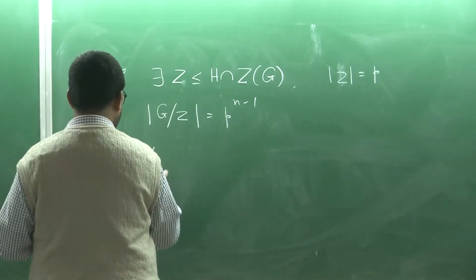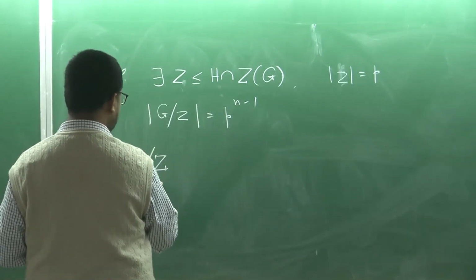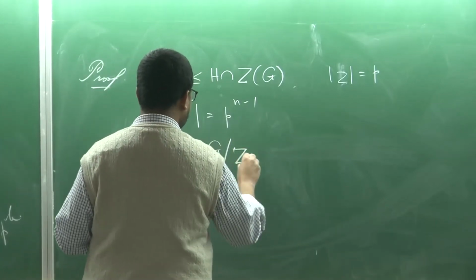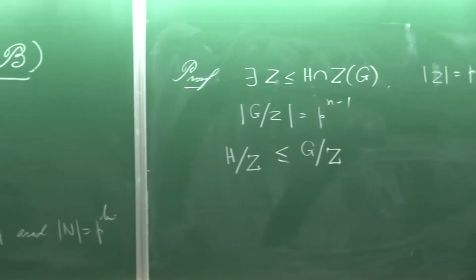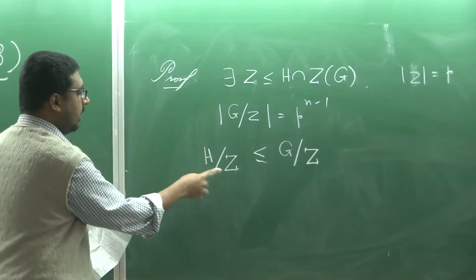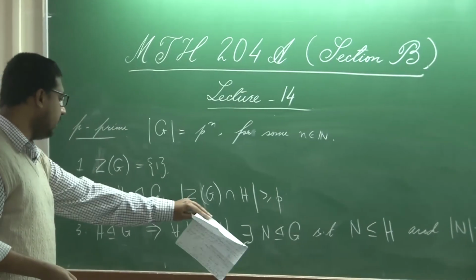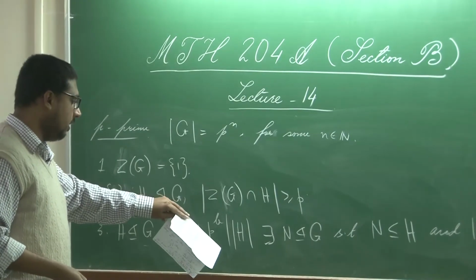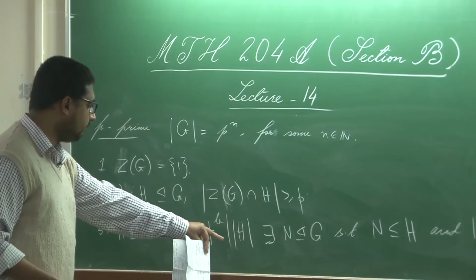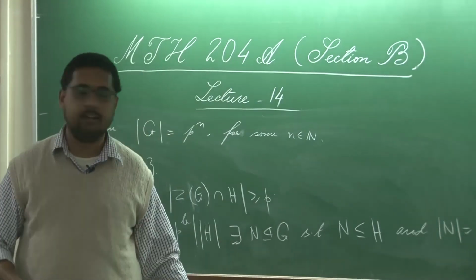So H modulo Z makes sense, and H modulo Z is a subgroup of G modulo Z. It could be trivial if Z is exactly H, but in that case you do not have anything else to show, because the subgroups of H are exactly the trivial one and H itself.